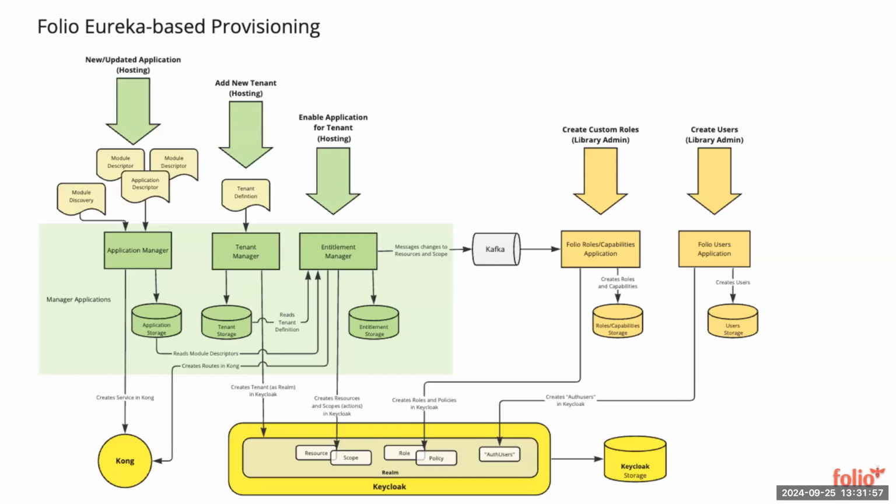It communicates to Keycloak to create resource scopes and sends Kafka messages to module's Keycloak and to the user's Keycloak. After receiving these Kafka messages, module's Keycloak will create corresponding capabilities and capability sets and start provisioning with some roles, resources, and so on. And when we are creating the system users, we are specifying this information inside of module descriptor.